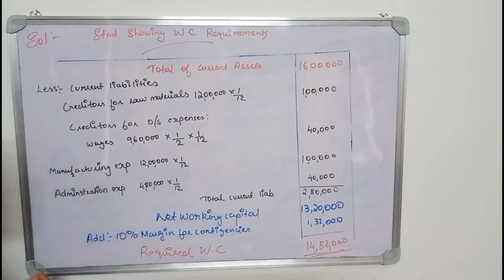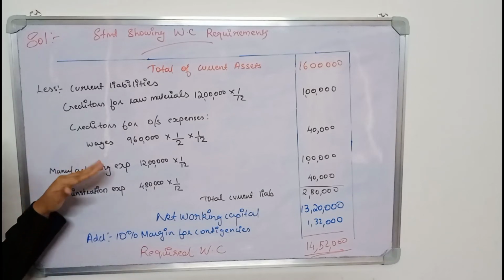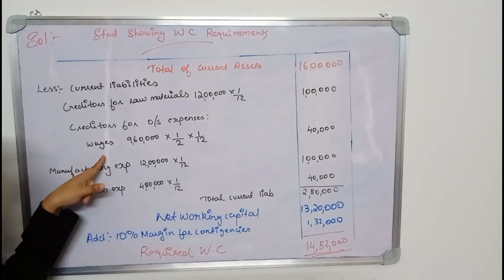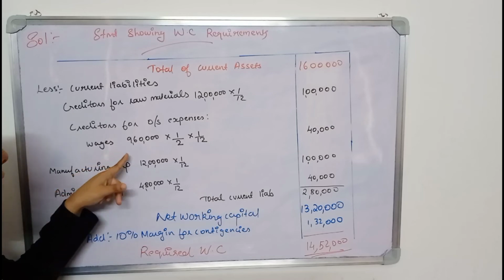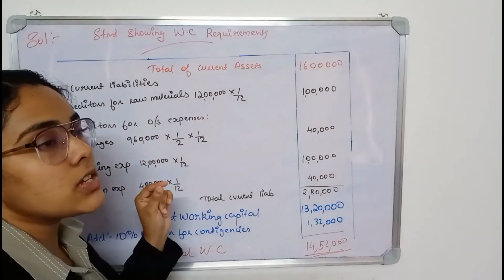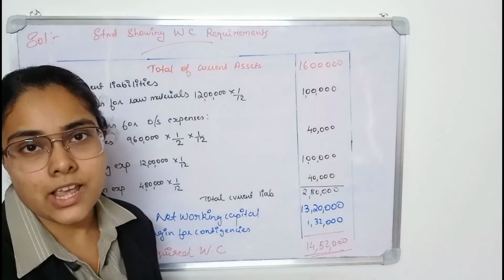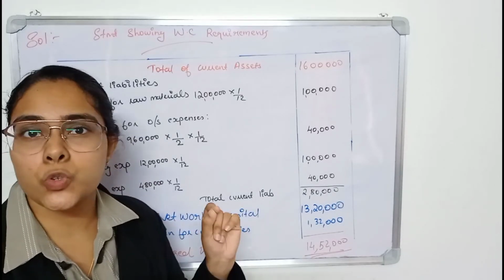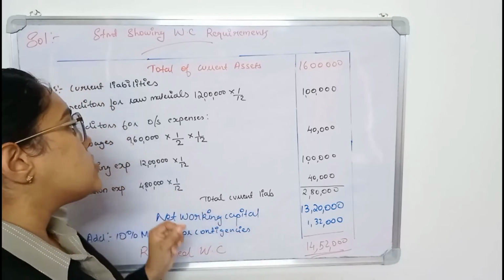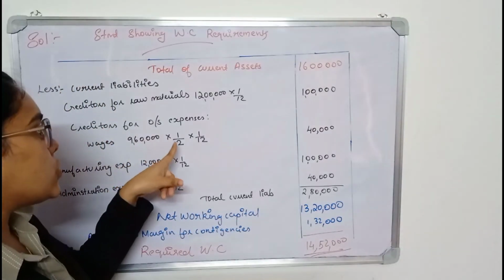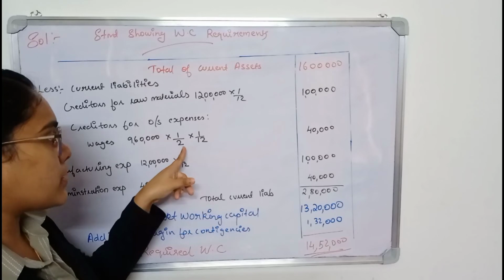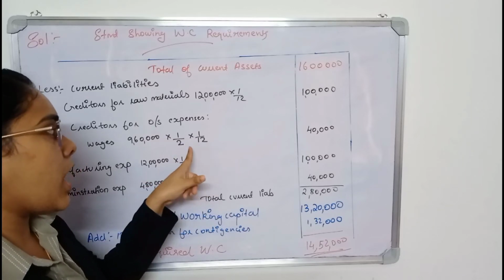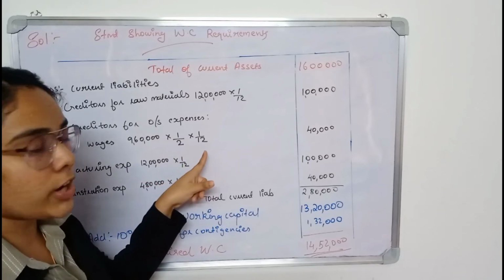Then we have creditors for outstanding expenses, and we have 3 categories. First one is wages. Wages were 9,60,000, and it was told that they were in arrears for 15 days, which we considered as half a month. I told you to write an assumption regarding that. So 9,60,000 into half of 1 month, that is what I have written here.